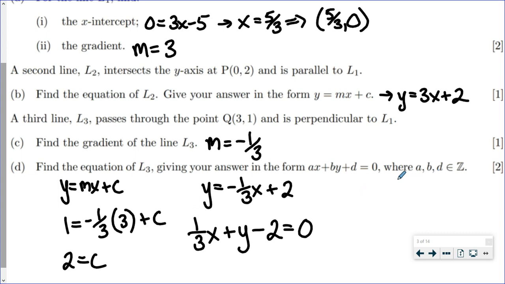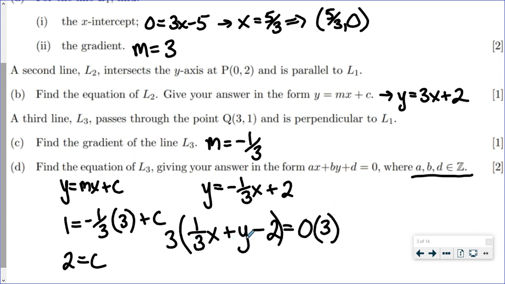However, we do have to be careful here at the end where it says a, b, and d must be in the set of integers. Integers are whole numbers. 1/3 is not an integer. So I need to make it an integer. Well, how about I just multiply both sides of my equation by this denominator, which is 3.